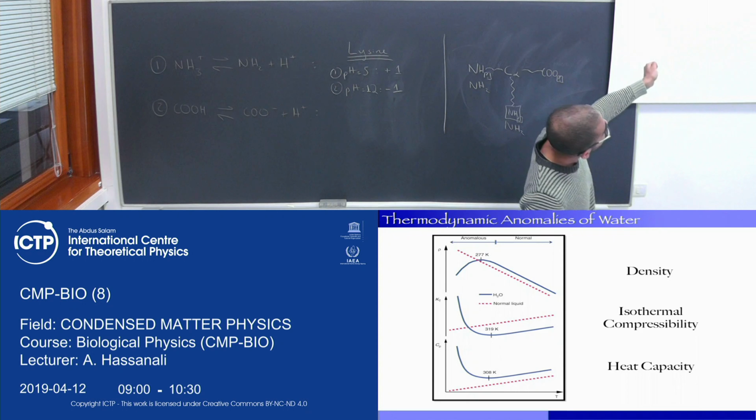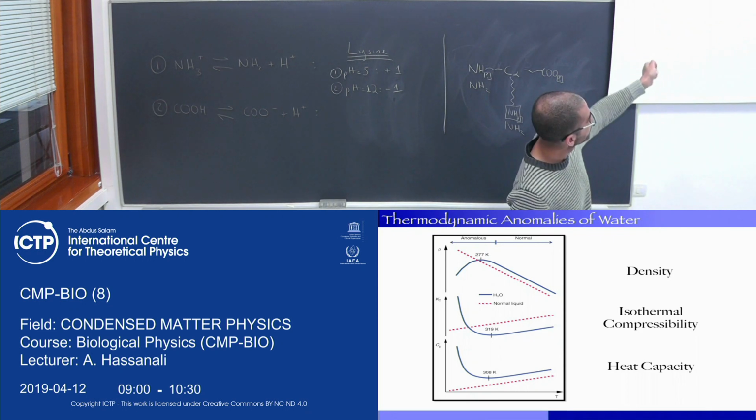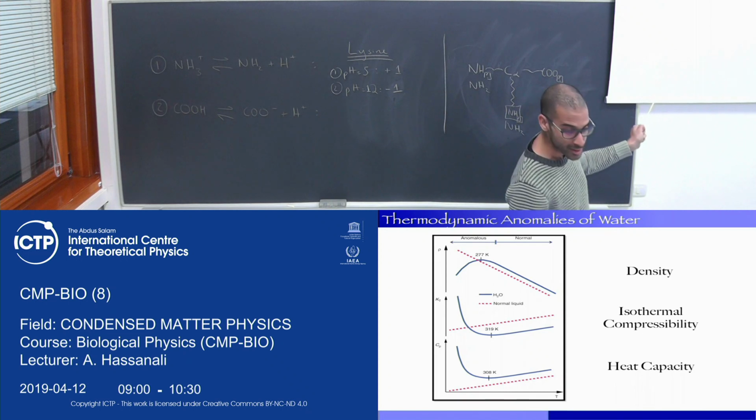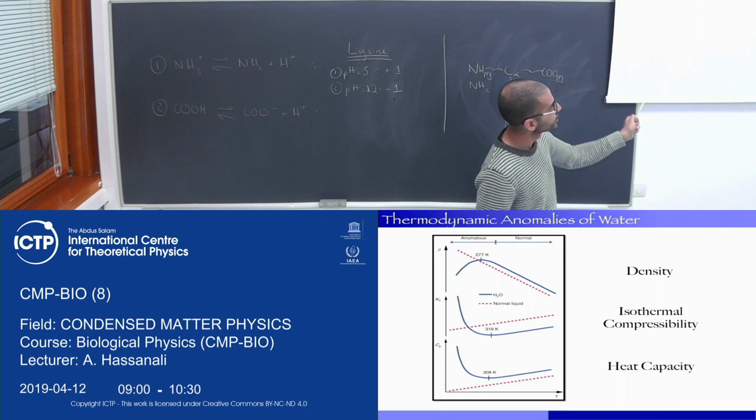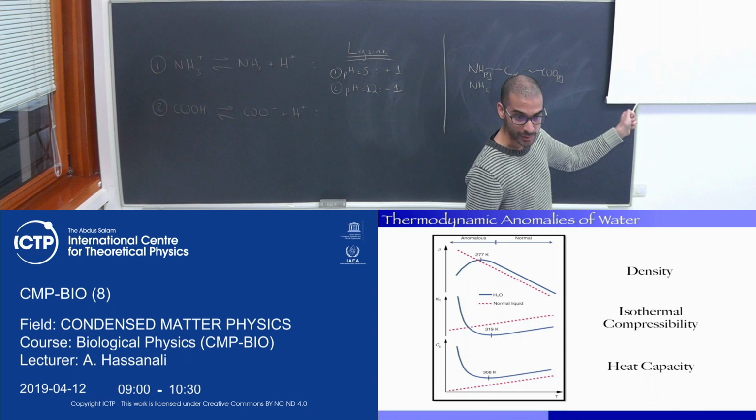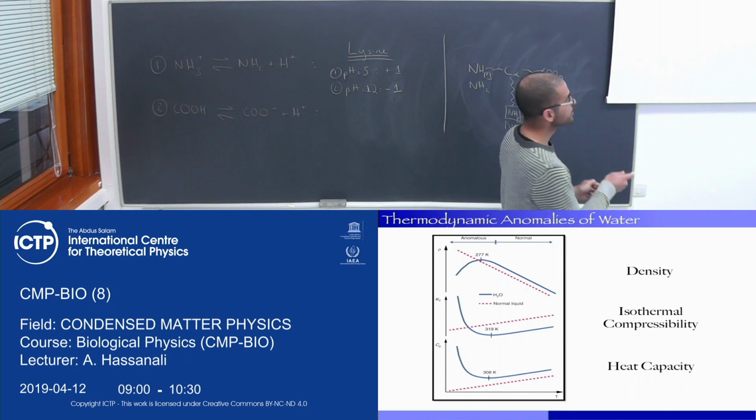Water has a density maximum at 4 degrees Celsius. It has a compressibility minimum at 319 Kelvin, and it also has a heat capacity minimum, pretty close to this minimum.